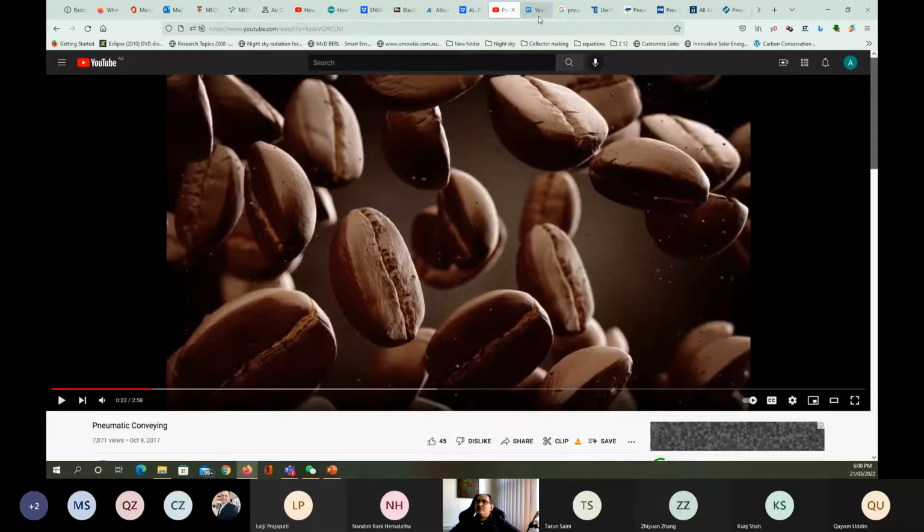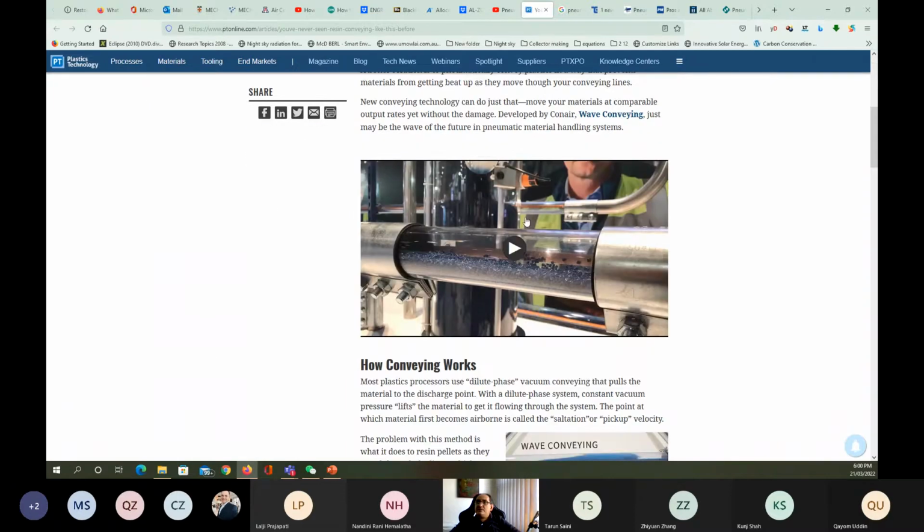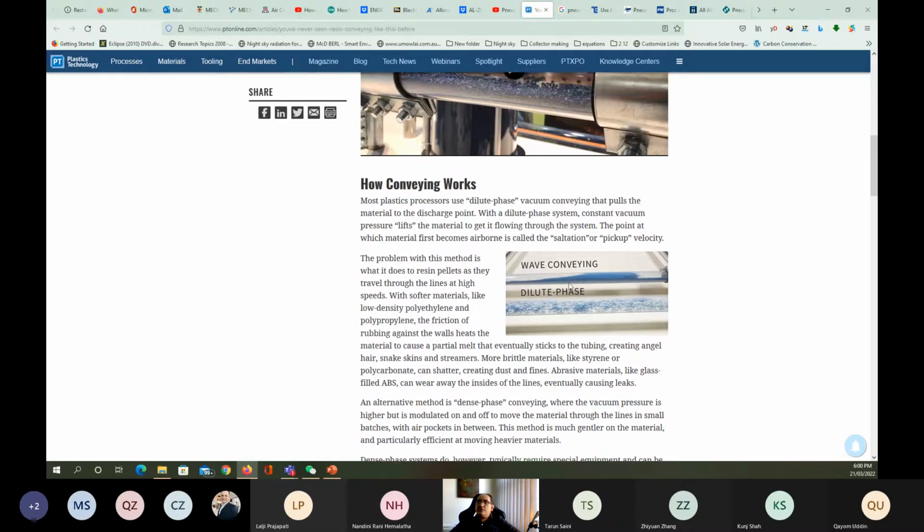The other video we can see here, again to share with you later, is about how to move plastic pellets from one side of the factory to another, doing some of the pre-mixing processes for the pellets. These are some of the example videos we're going to see later, because it's very important to know the type of pneumatic conveying system.